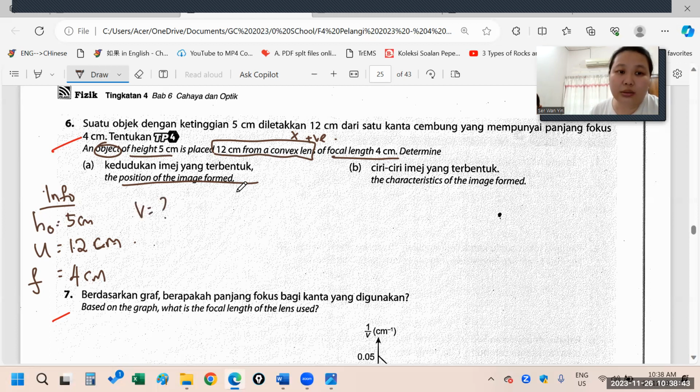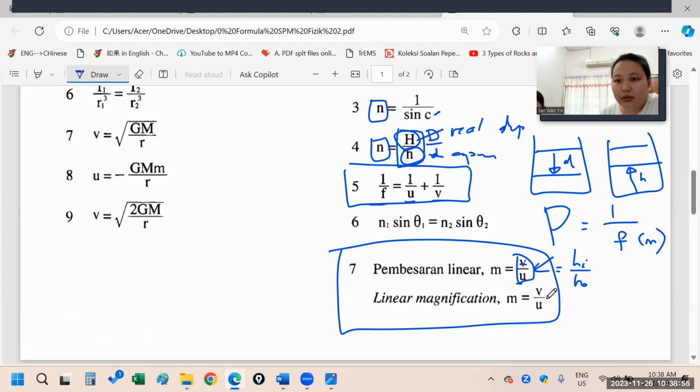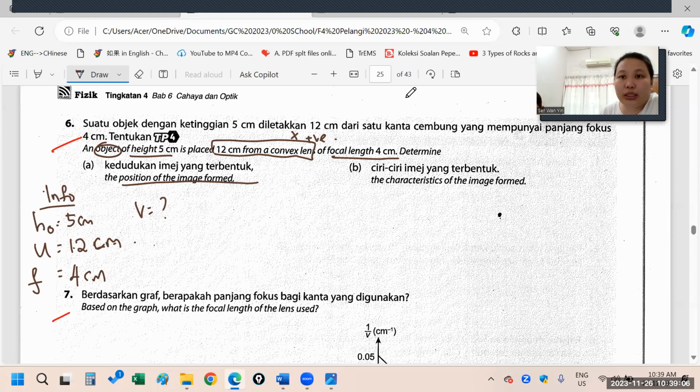Okay. So what formula should we use? We got 2. 1 is this: V over U equals HI over HO. Another one is this: 1 over F equals 1 over U plus 1 over V. Which one would we use?